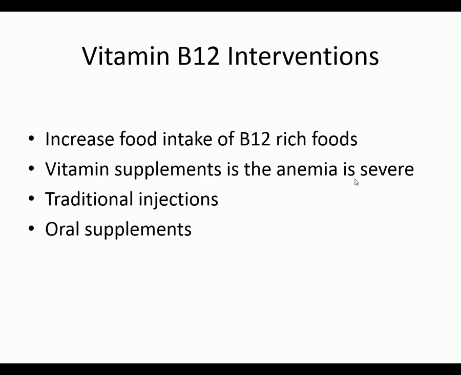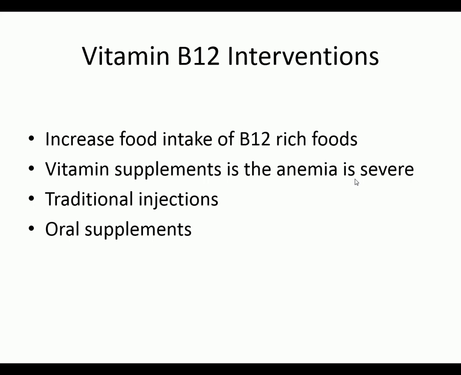As far as the interventions go for B12, you want to increase their food intake of B12 enriched foods. These can include, like I said before, animal proteins, fish, eggs, nuts, dairy products, dried beans, citrus fruits, and leafy green vegetables.